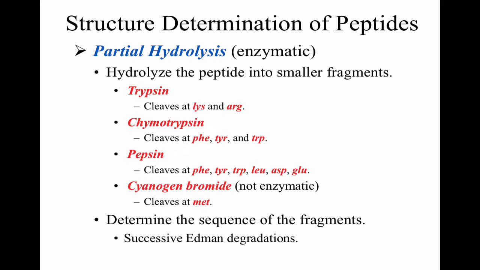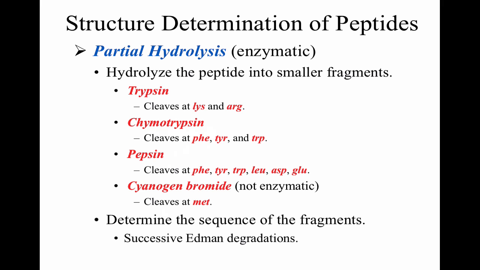So once we have these smaller fragments, we determine the sequence of those fragments using what's called successive Edman degradations. What does the Edman degradation give us? The N-terminal residue, right? So imagine I've got a peptide with 4 amino acids linked together that I got from, let's say, trypsin cleavage.